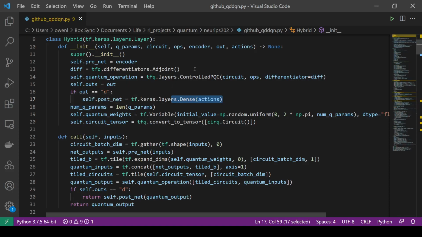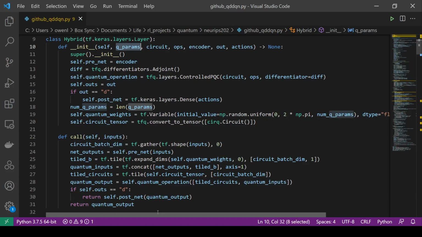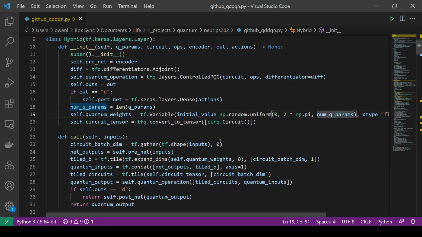The number of parameters is just the length that we're fed in. We create the trainable parameters. So really, I should probably make this 1 by num_q_params. I'd probably reduce an operation down here. But then as usual, right, we get the batch size. We get the input, right? So this is feeding it.